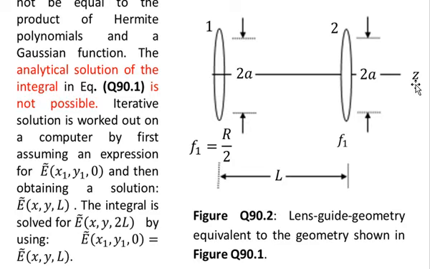Perpendicular to the z-axis, we have the transverse directions, in which we have the x and y coordinates as the transverse plane to the z-axis. The focal length of each lens, which are equal to each other, is related to the radii of curvature through the relationship, that is f1 is equal to capital R by 2. Capital L is the separation between the two lenses.